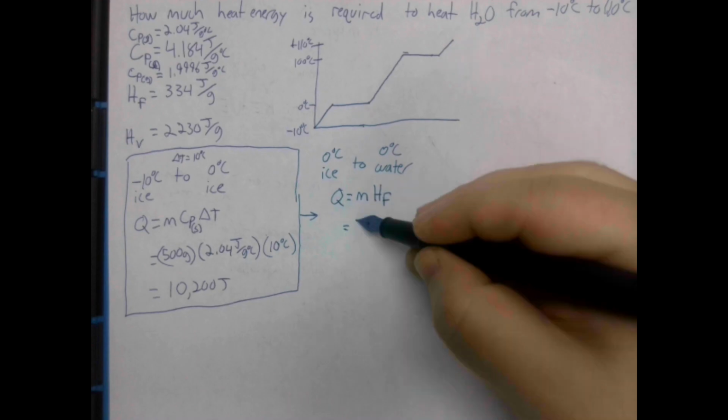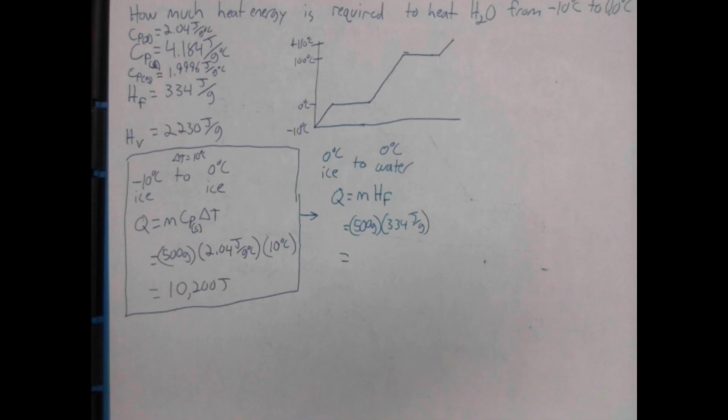So we have 500 grams times 334 joules per gram. And we see to melt all the ice, it's 167,000 joules.